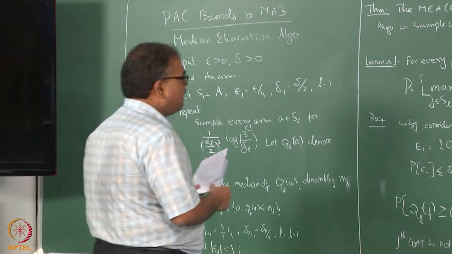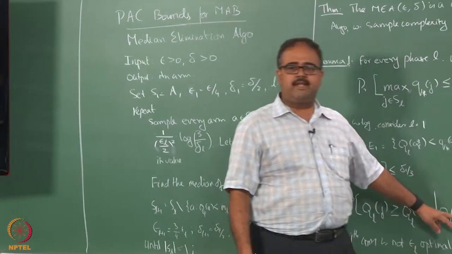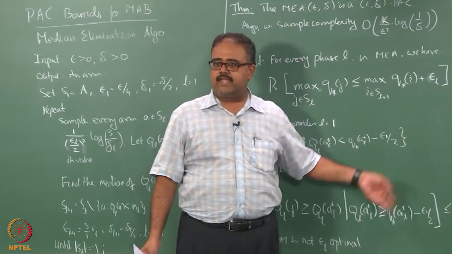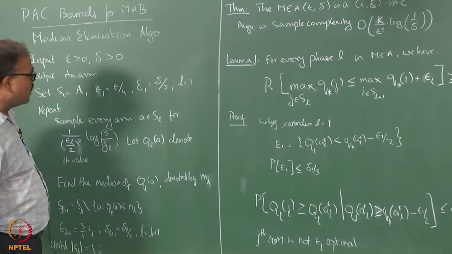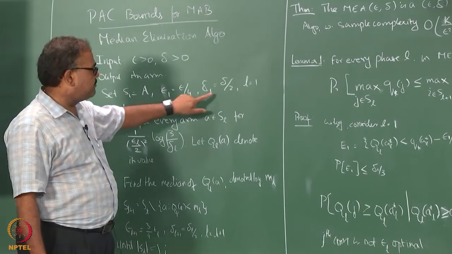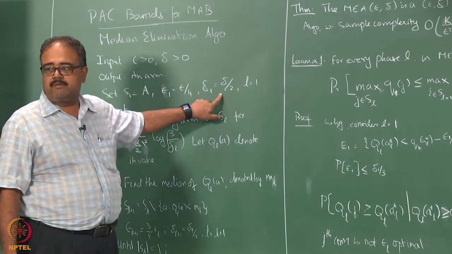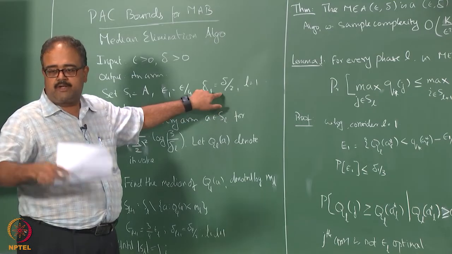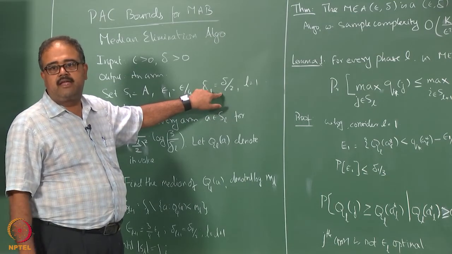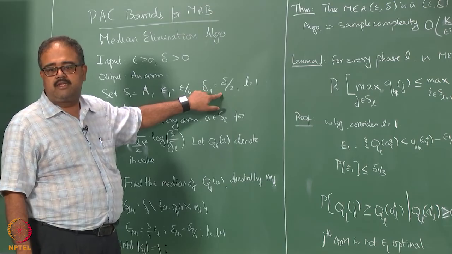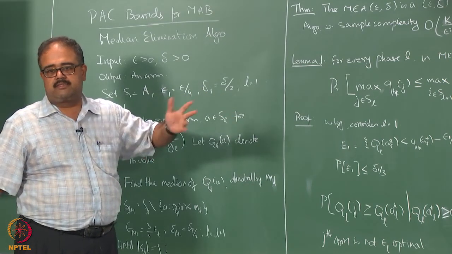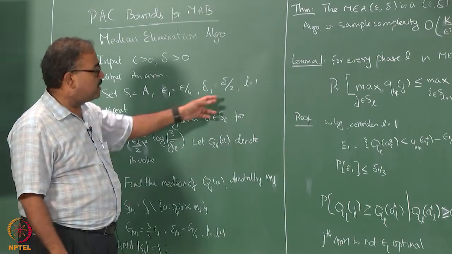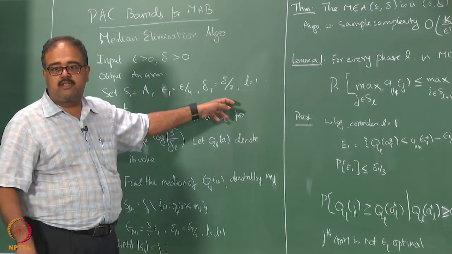Okay. So every round the probability of failure is bounded by delta 1, right. So for the log k rounds, the probability of failure is bounded by summing it up. So delta by 2, delta by 4, delta by 8 and so on and so forth until you reach log k rounds.